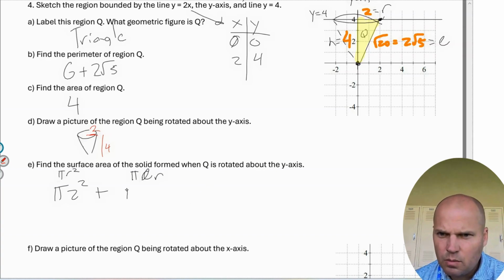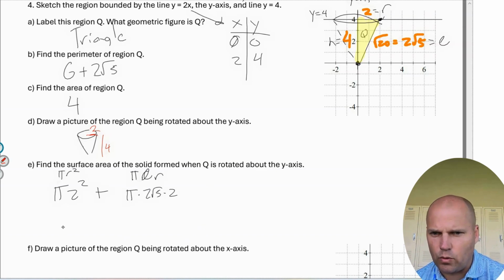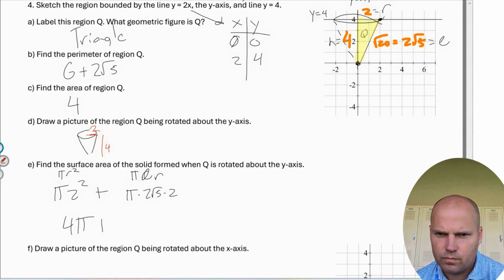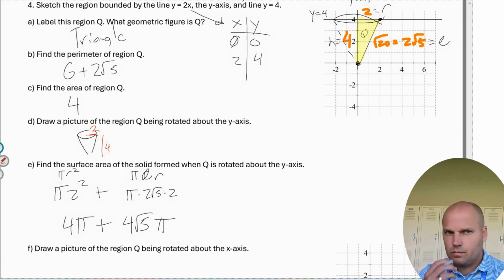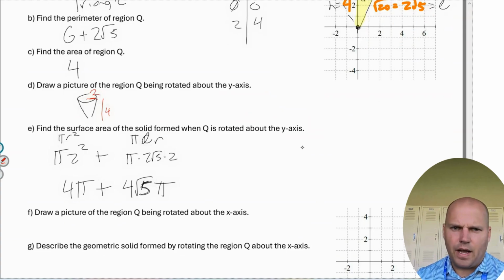So pi times 2 root 5 times 2, which is 4 root 5. Why is it pi L R?